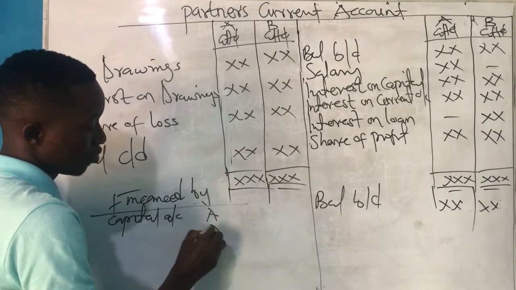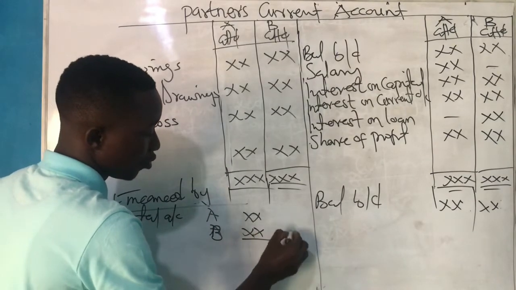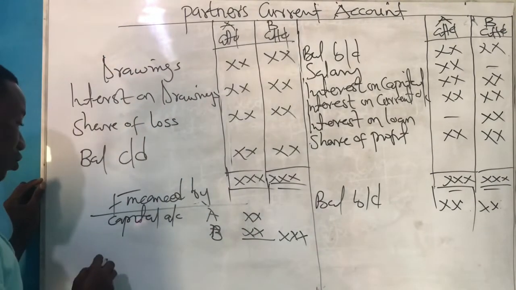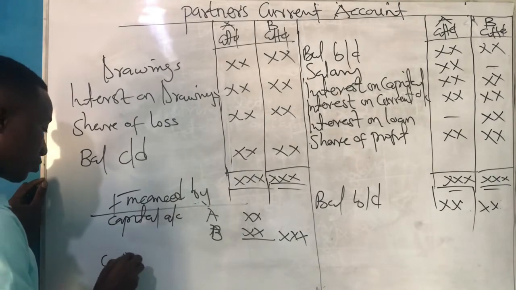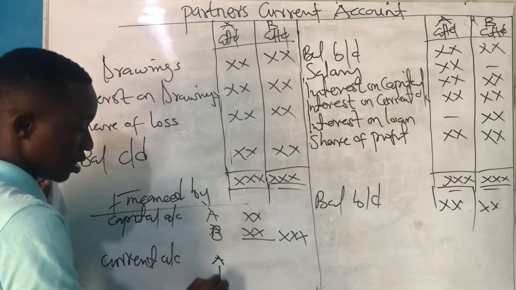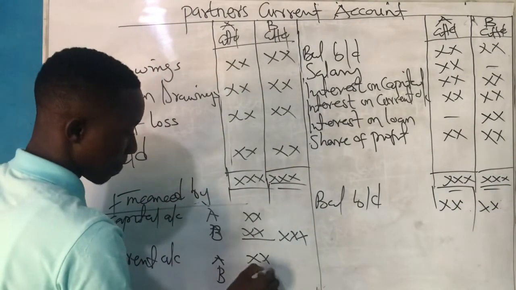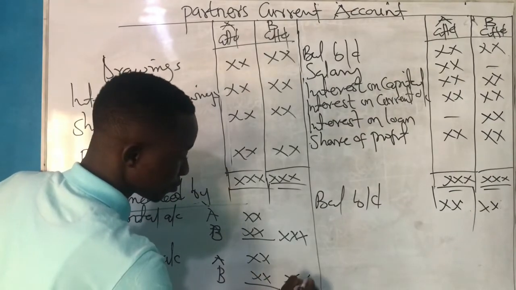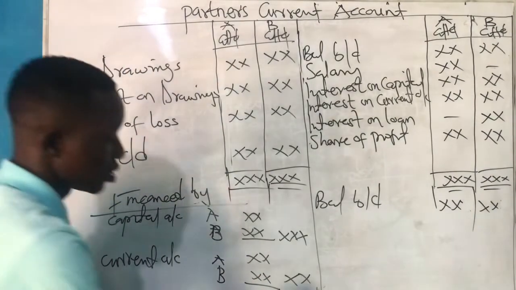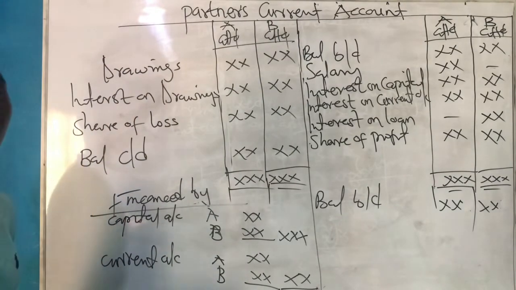We have A, we have B. So the total will be here. Is that okay? So we move to the current account balances. The same A and B. This time we are going to bring these two balances. Is that okay? Do you understand? So this is how we present the finance by column for partnership business.